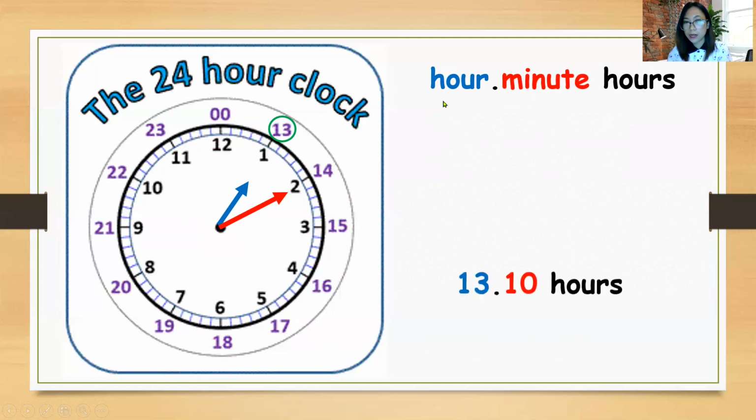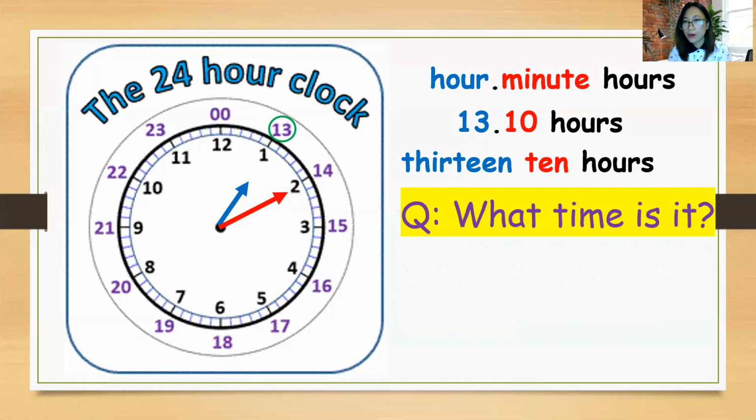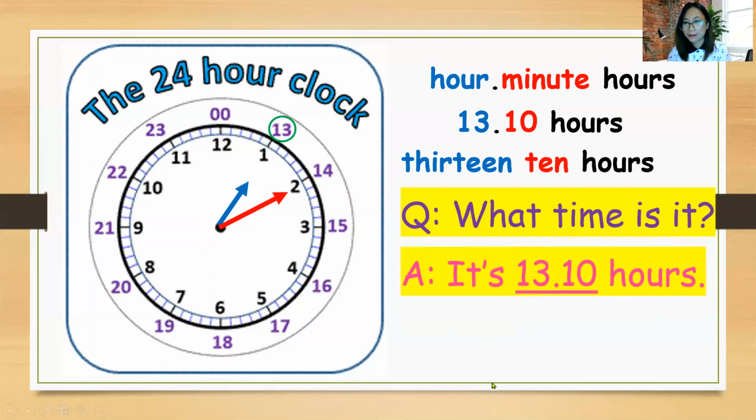So for the hour, we have 13, and for the minute, we have 10. 13:10 hours. We read it as 13:10 hours. Let's answer the question. What time is it? It's 13:10 hours.